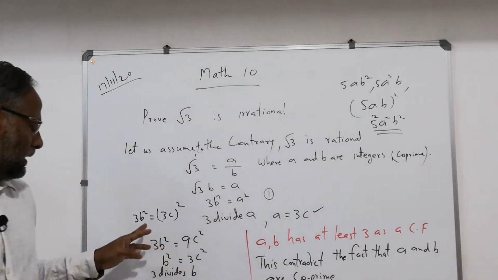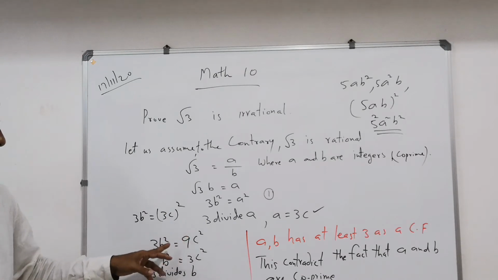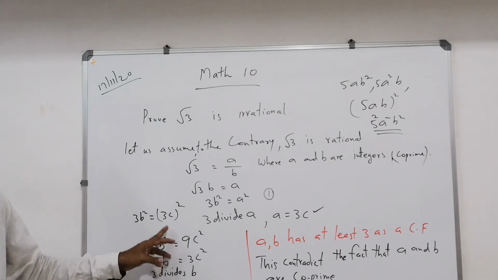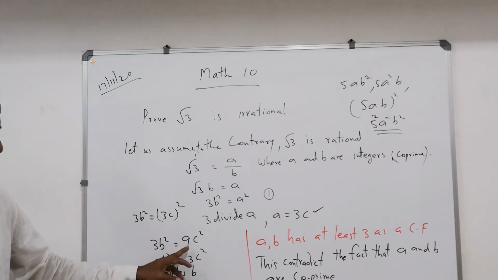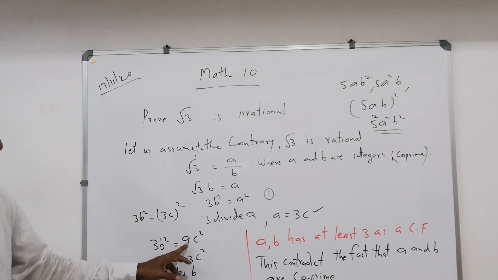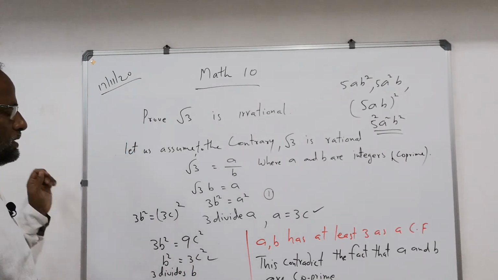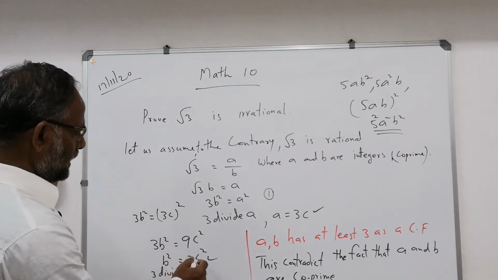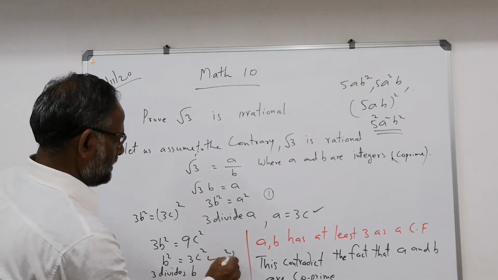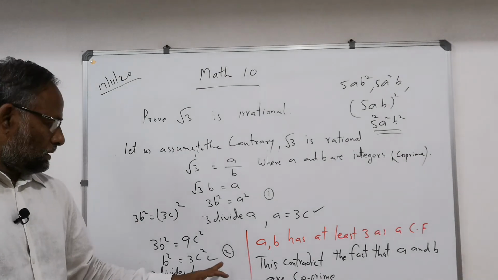That is why here 3B square is equal to 3C whole square, that means 3B square is equal to 3C into 3C, which is 9C square. That means B square is equal to 9 by 3, that means 3C square. We got B square is equal to 3C square. This is equation 2. I think it is clear.